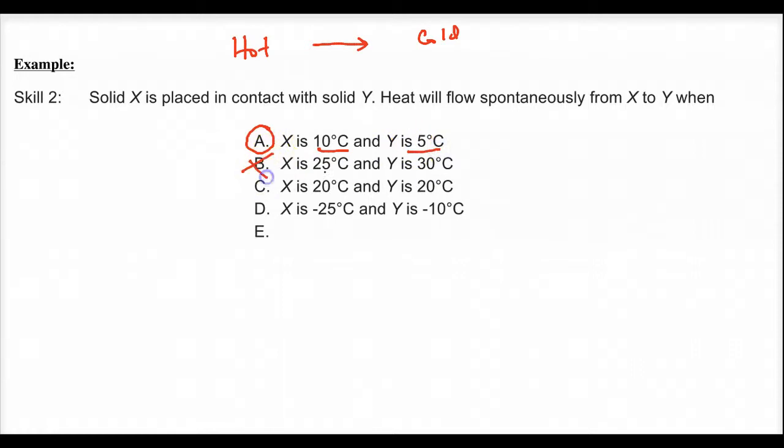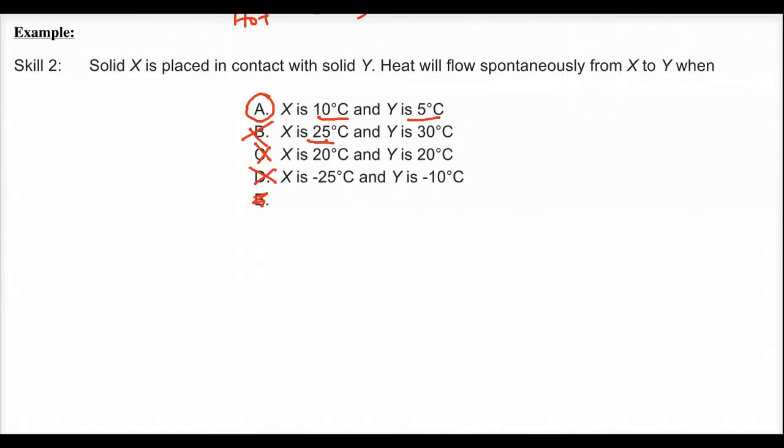B is not the answer because low goes to high. Slow moving molecules will not catch up to fast moving. Same thing with this one. This is cold to warm, so not for the same reason. And C, temperature is not changing, so there's no flow of heat. And E, there's no choice there. So that's an example of a question from skill number 2.